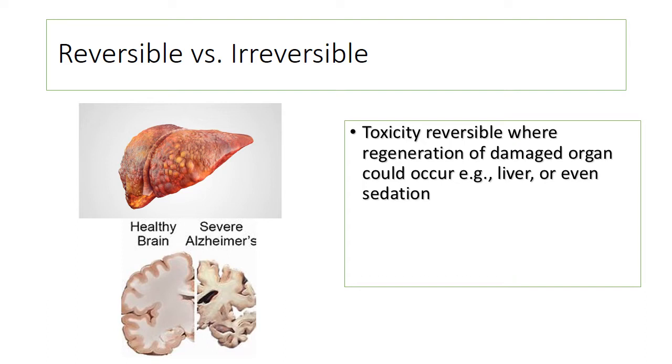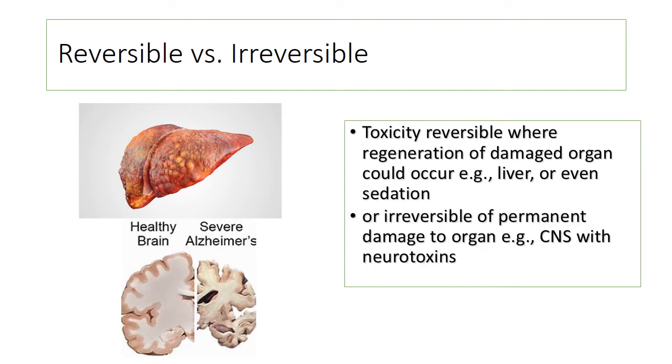These are probably the ones we would see as side effects with the drugs that we take. For example, reversible effects could be damage to the liver which is not substantial, where there's regeneration, or even sedation. Sedation doesn't last forever.